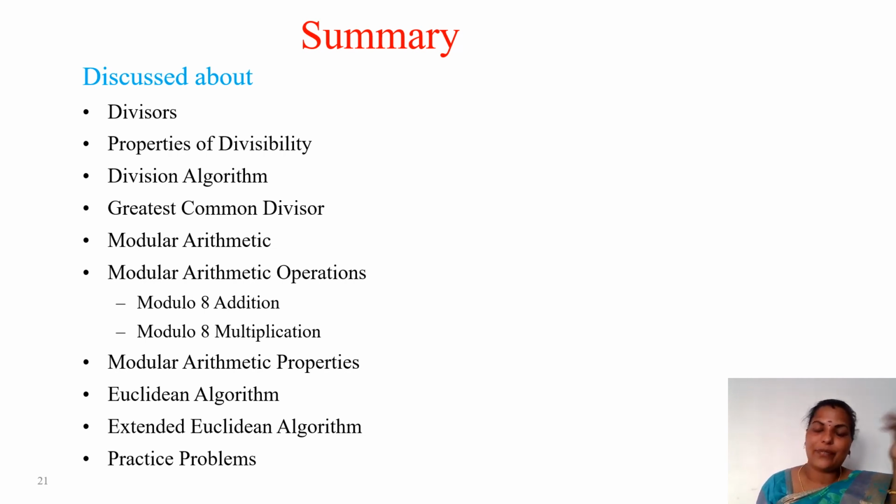Not only for 8, for any number given, you must be able to build that table. Then modular arithmetic properties. Then we discussed two important algorithms: the Euclidean algorithm finds just the GCD of two numbers, and the extended Euclidean algorithm finds the GCD plus the inverse of the given numbers.